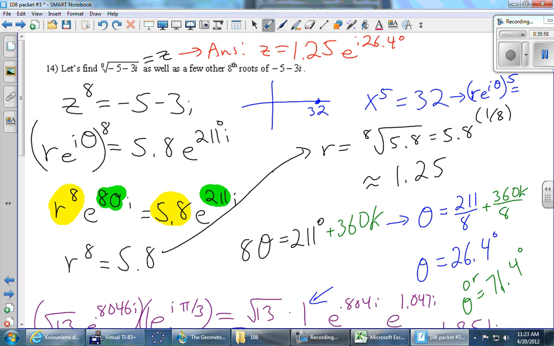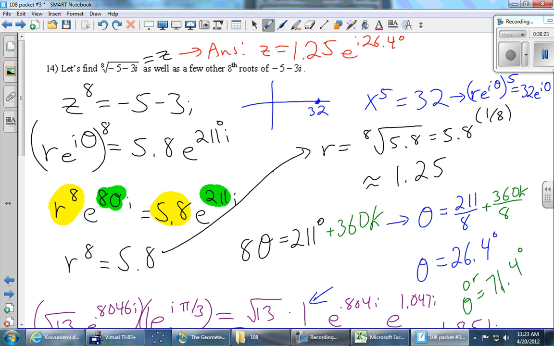There's the number 32, right? What's the r? How far from the origin is 32? E to the I, what's the theta? 0. It's a 0 angle. There you go. Now you follow the process just like you did before, and you will find the number plain old 2. That's going to be one of your answers. But then you're going to find 4 others that have I's in them.